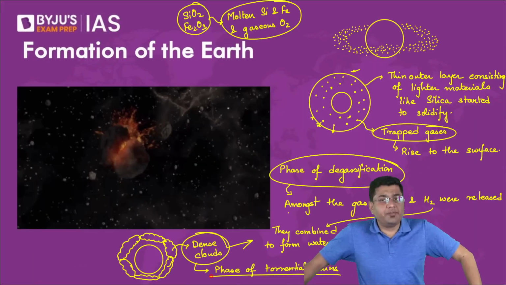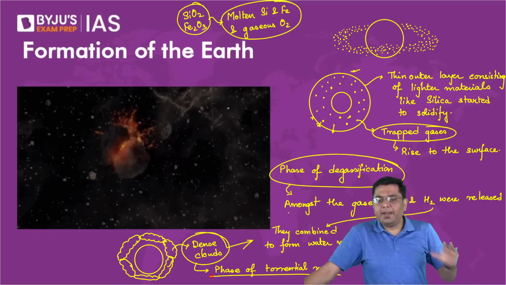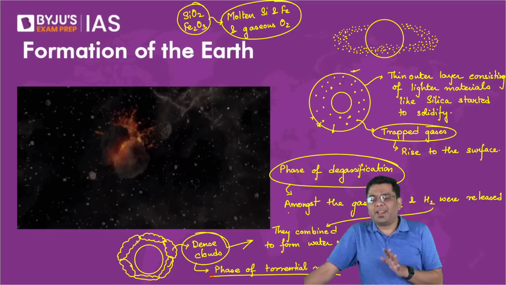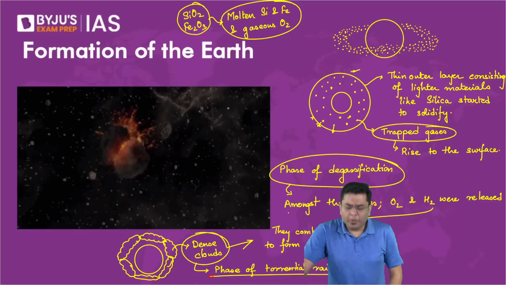Formation of the majority of planets is the same. It is the distance from the sun which influences the surface and the atmosphere of that region as well. Okay, nitrogen was created during the phase of degasification when ammonia was released, right? So I hope this entire process of formation is clearly understood. This is not something that you find in your books easily.